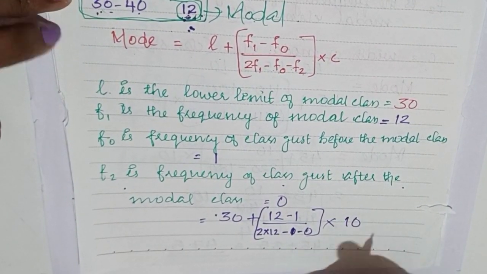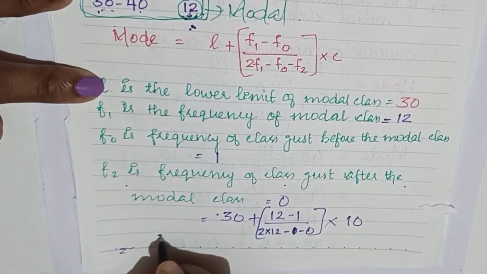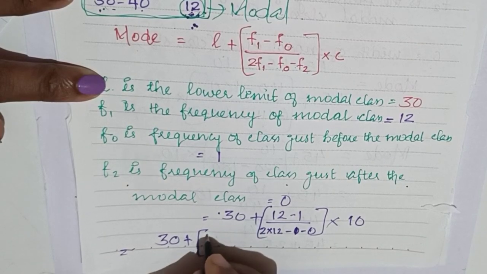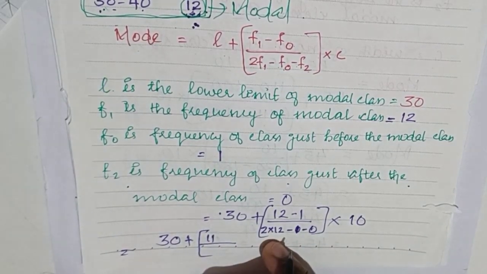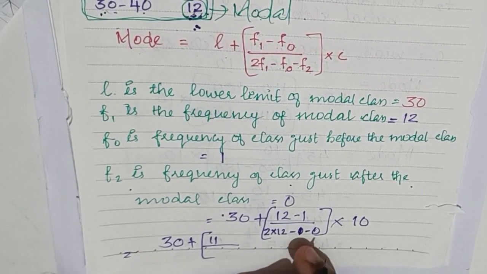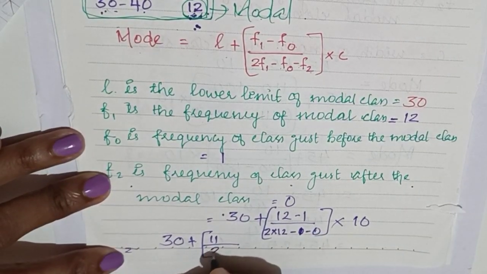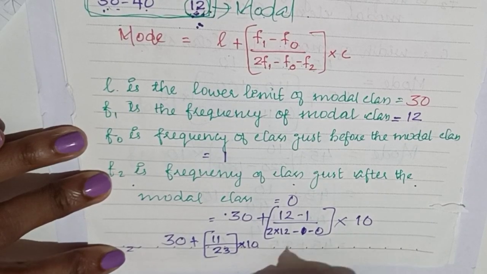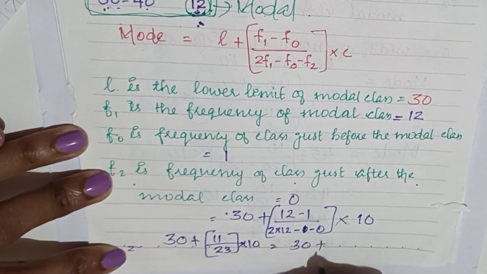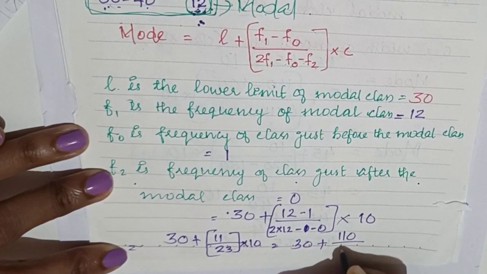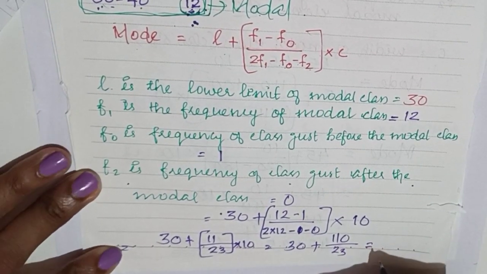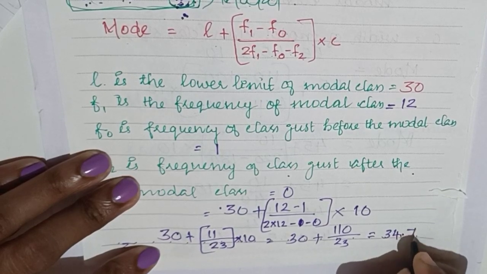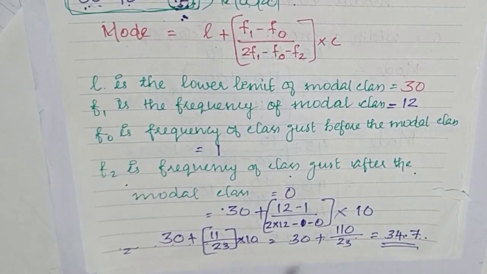Width of class interval is 10. This is equal to 30 plus 12 minus 1 is 11, 2 12s are 24, 24 minus 1, that is 23, into 10, is equal to 30 plus 110 divided by 23, which is equal to 34.7. This is the answer.